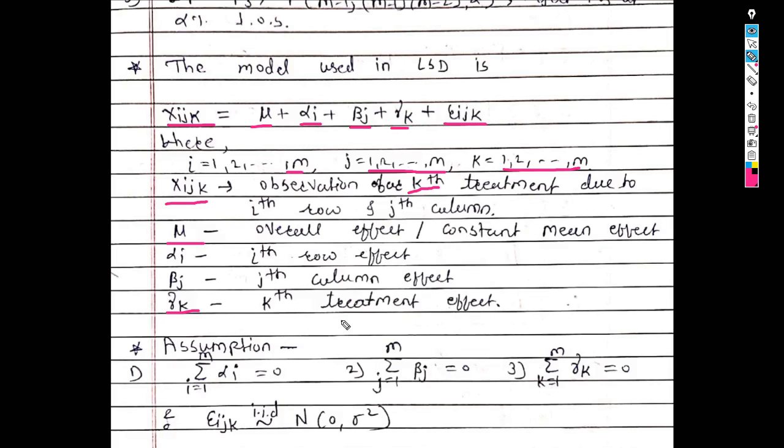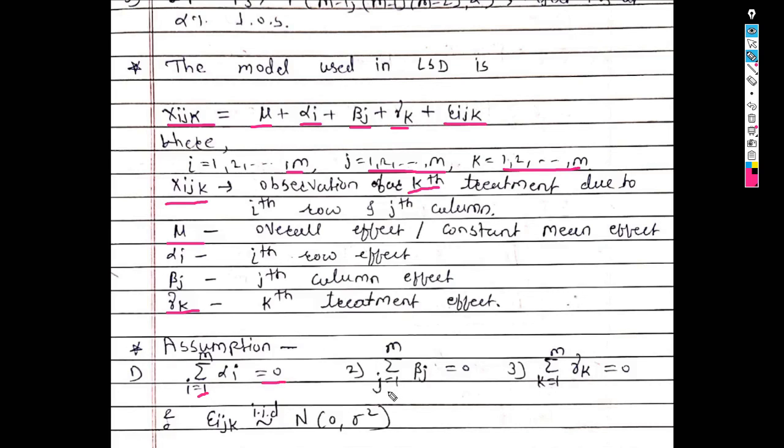So we know that in RBD we make two assumptions in the RBD model. One assumption is summation alpha i is 0, and another assumption is summation beta j equals 0. Similarly, in the LSD model we make three assumptions. Our first assumption is summation, i varies from 1 to m, alpha i is 0.